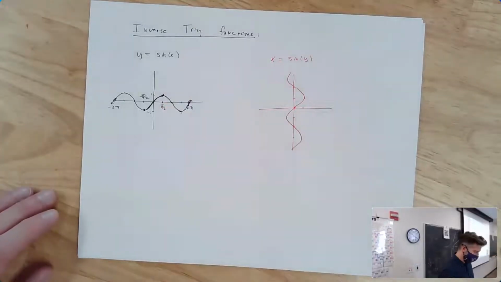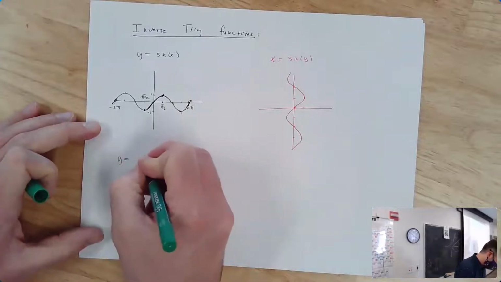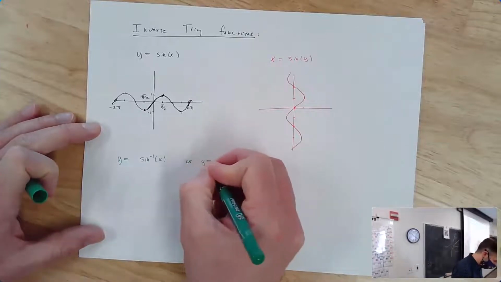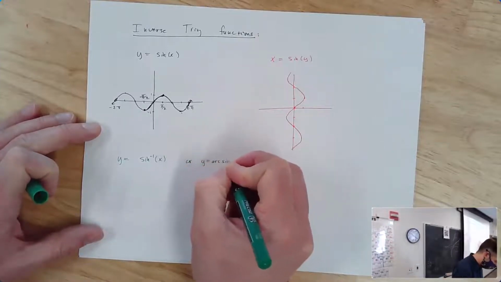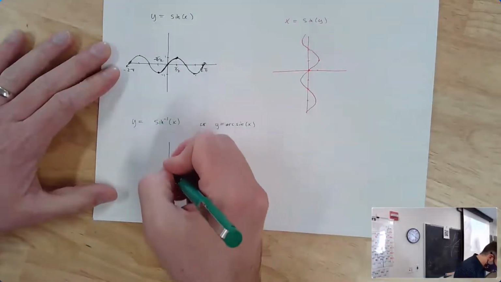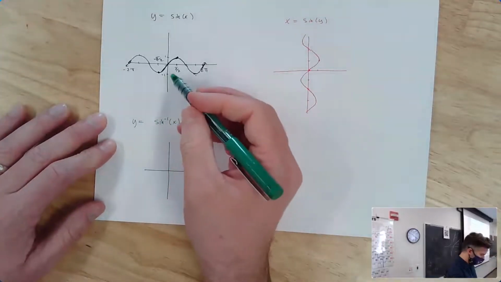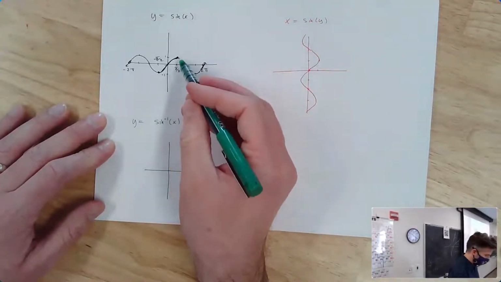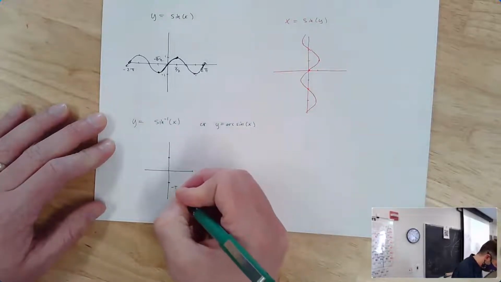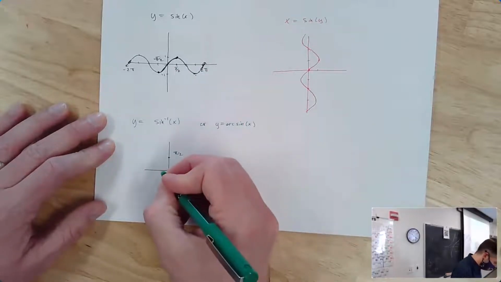So the inverse part, which you can write as the inverse sine of x, or you can write as the arc sine of x, same deal. It's going to be just the portion where we interchange x and y. So our y values are going to start at negative pi over 2 and go to pi over 2, and our x values are going to start at negative 1 and go to positive 1.